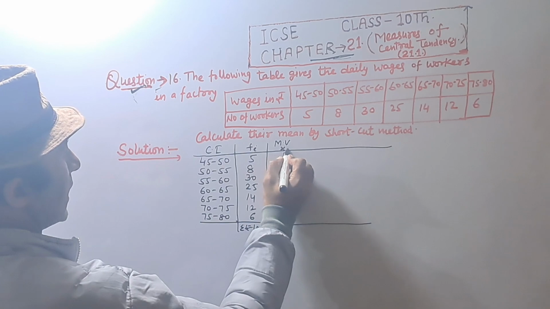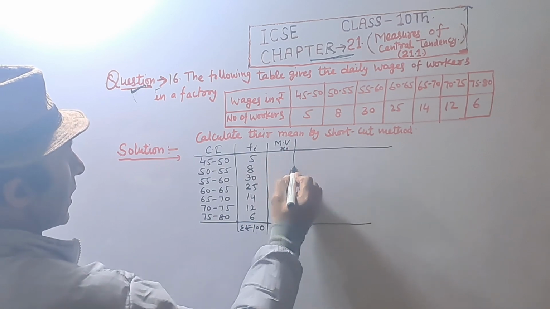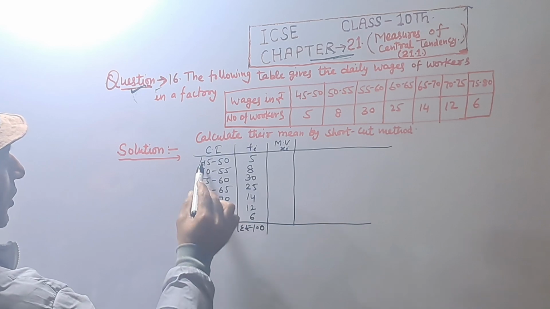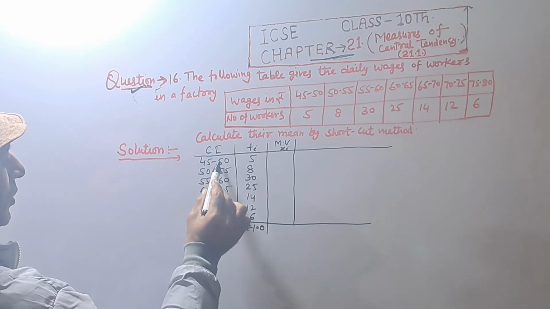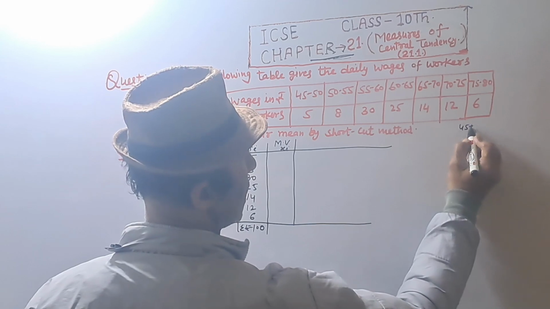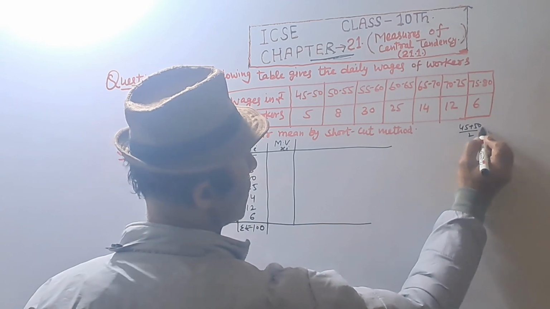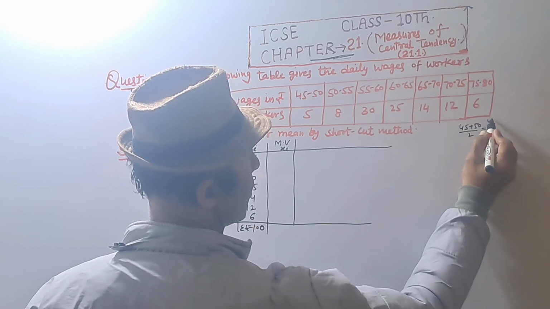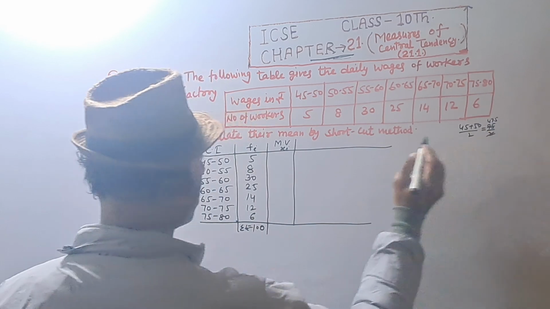Mid value xi: 45 plus 50 upon 2 is equal to 95 upon 2, equal to 47.5.